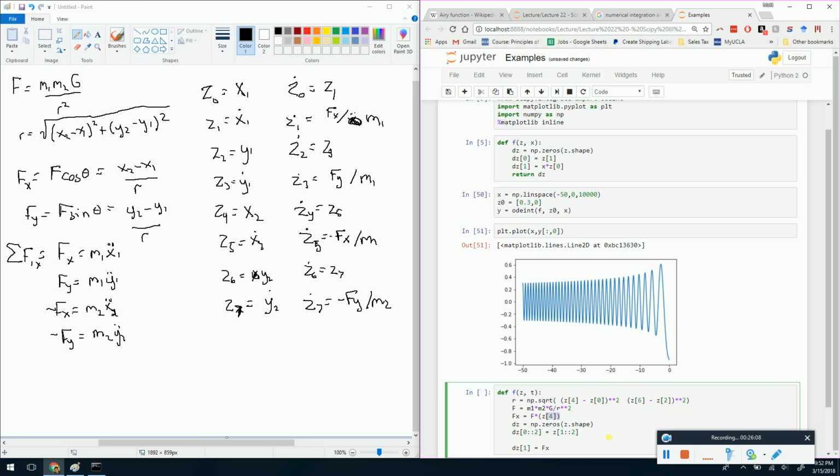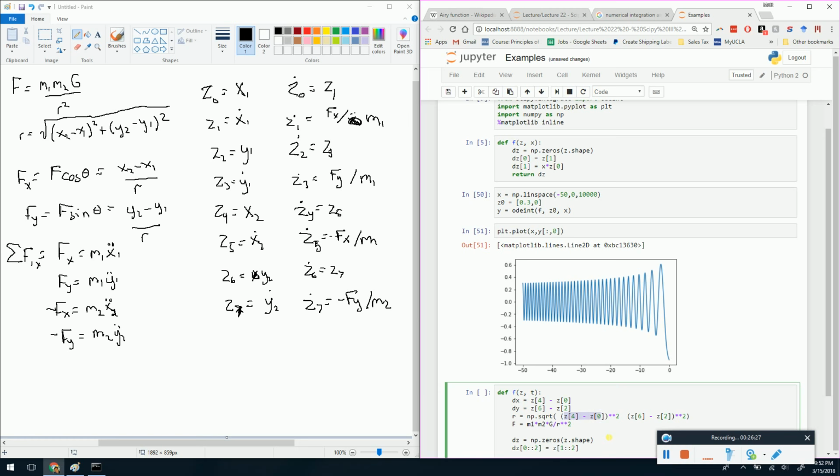Well, actually, here you're going to see this quantity so much, so let's just call something the difference in the x's is z4 minus z0, and the difference in the y's is z6 minus z2.